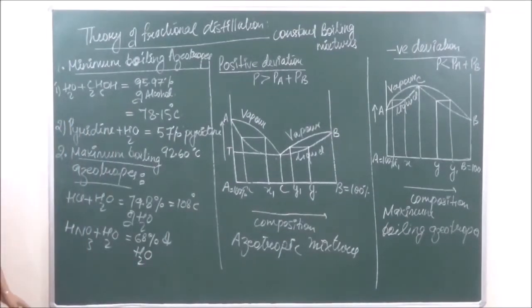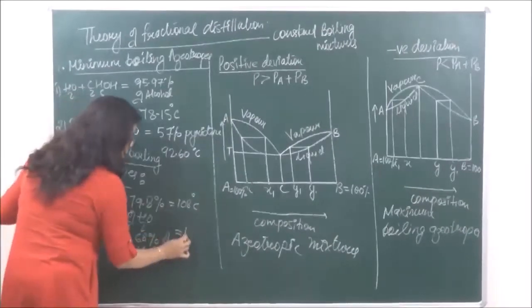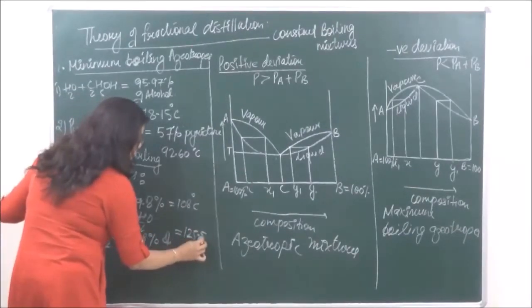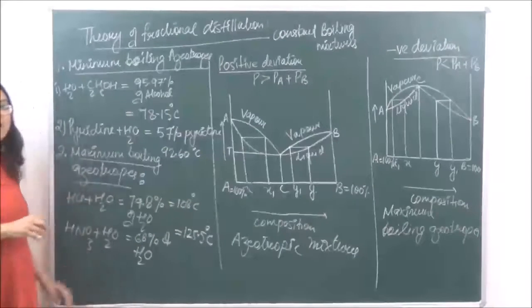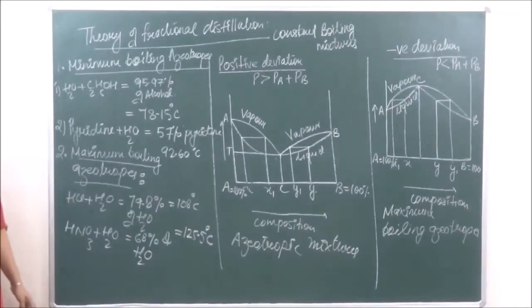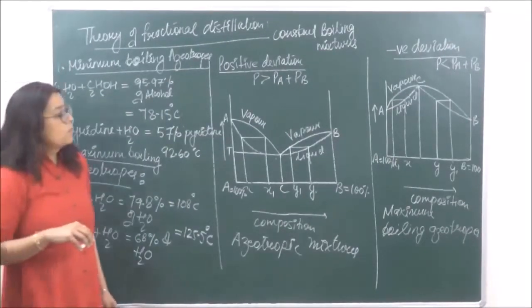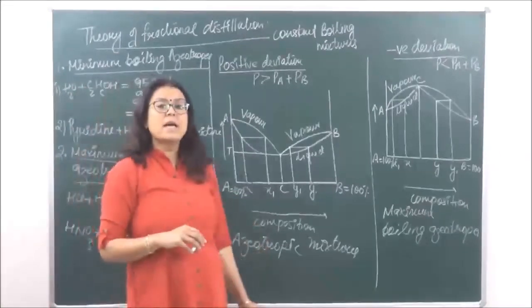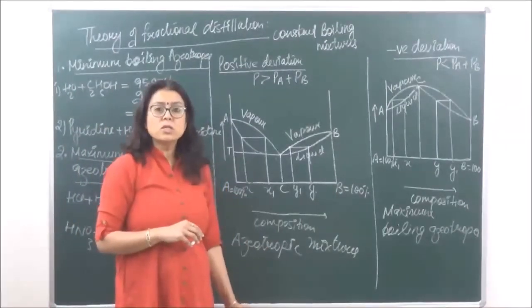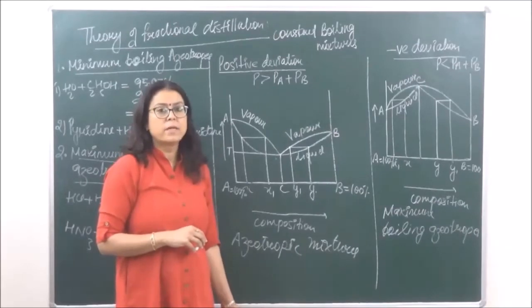And the temperature over here is going to be higher than both HNO3 and water. It is 125.5 degrees centigrade. So these are what we understand by azeotropic mixtures or constant boiling mixtures.